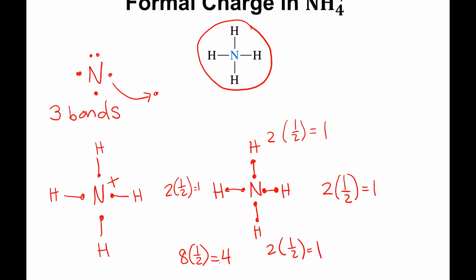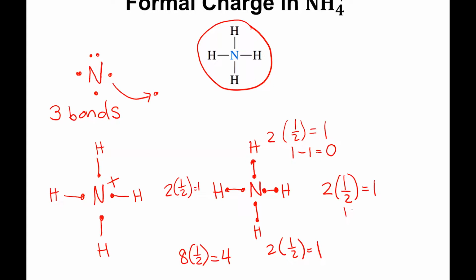Now we're going to subtract our number of formal valence electrons from the number of neutral valence electrons. This is the number that you would find on the periodic table, the number that this element normally has. In the case of hydrogen, hydrogen normally has 1 valence electron. So for this hydrogen, that's 1 minus 1, 0.